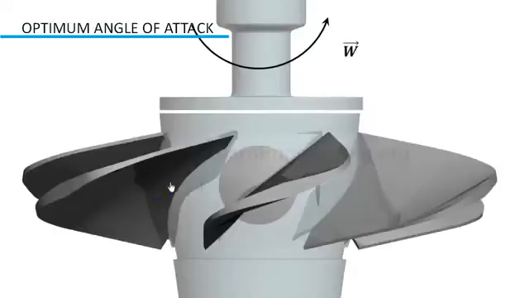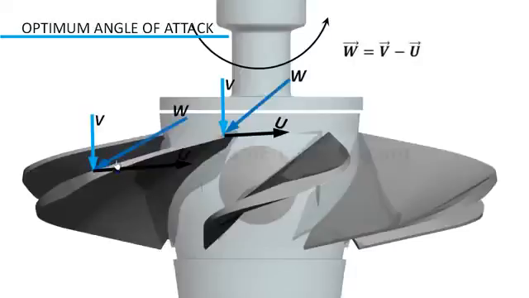Even though the absolute velocity is axial, the relative velocity will be inclined, depending upon blade velocity. The inclination of the relative velocity increases as we move from root to tip, due to increasing blade velocity.